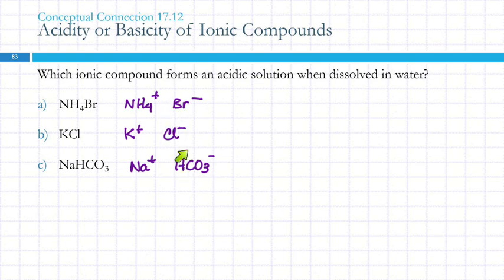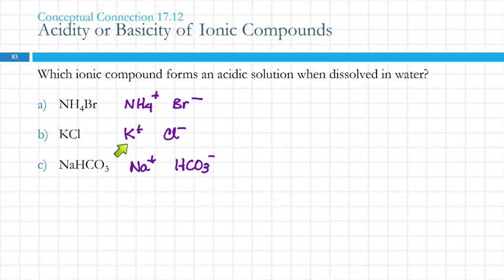Anions can act as bases. Cations can act as acids. How do we remember that? Maybe because we usually say acid-base, the acid comes first, the cation comes first. These guys could be acids, these guys could be bases. So we don't need to look at the anions at all here. We're going to look at the cations.